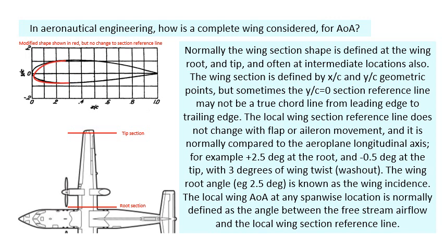So that would be 3 degrees of twist, washout, and the wing root angle, 2.5 degrees in this case, would be known as the wing incidence. And then the local wing angle of attack at any spanwise location, you can define, if you need to or want to, as the angle between the free stream airflow and the local wing section reference line.